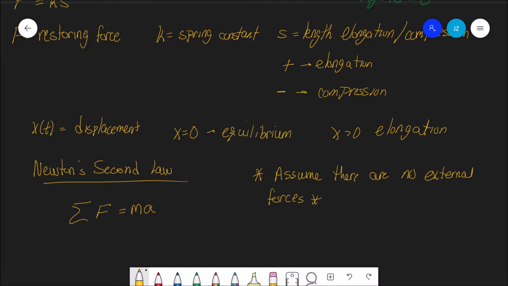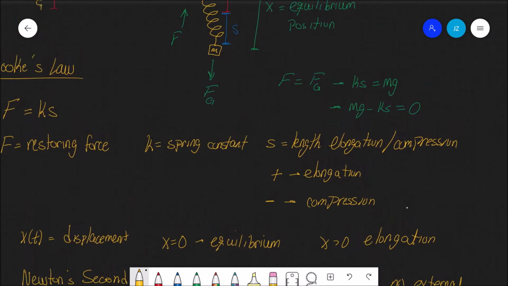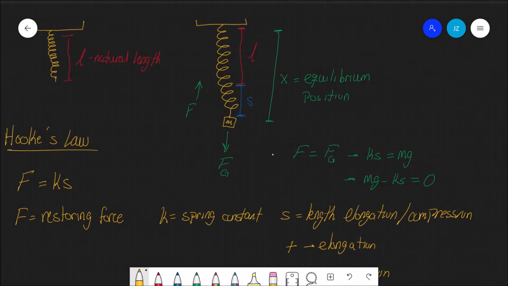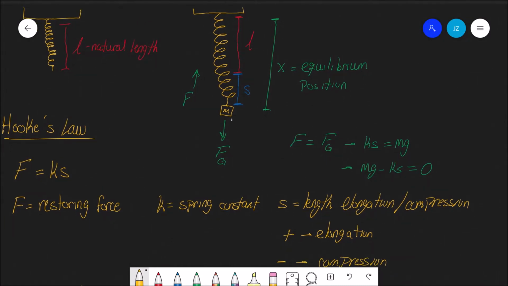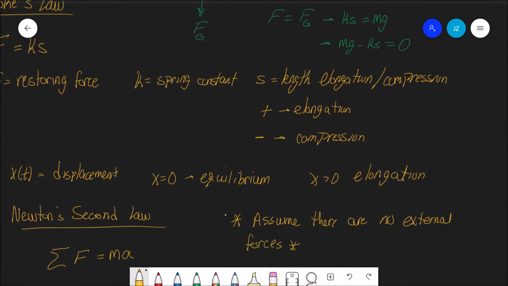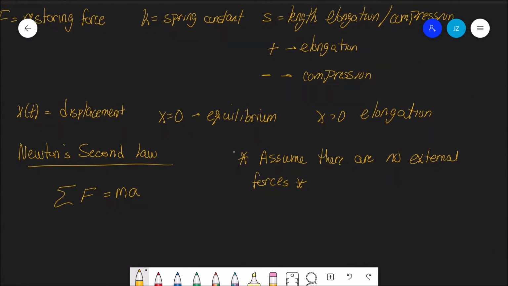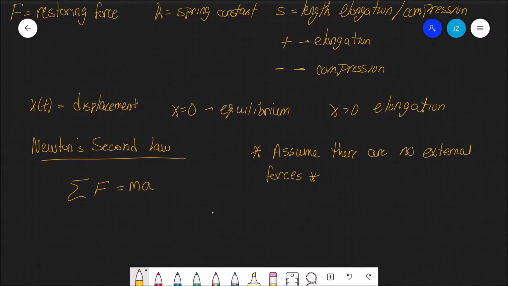In other words, once we set this spring into motion, so once we give this M an initial displacement and release it, there's going to be no extra forces working on it. This kind of motion is known as free motion.